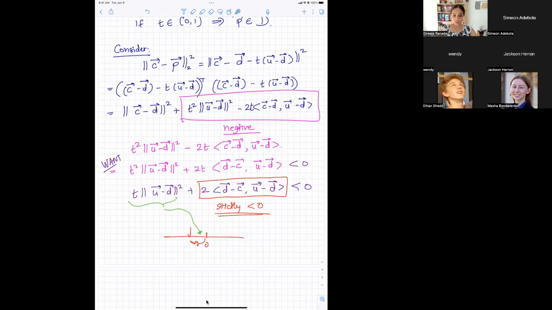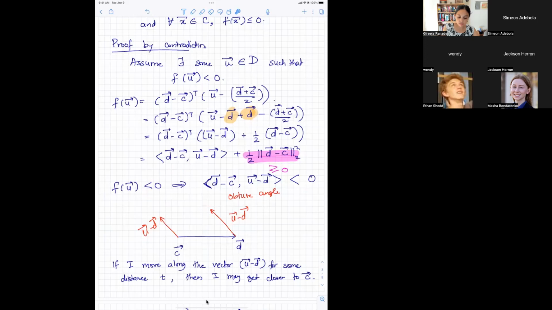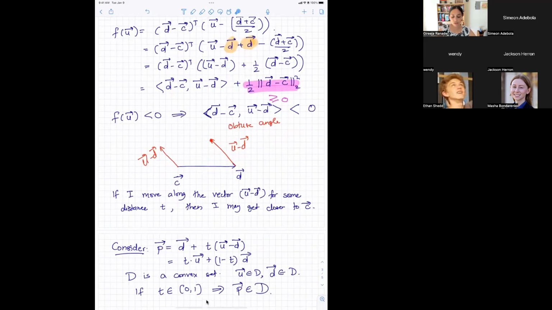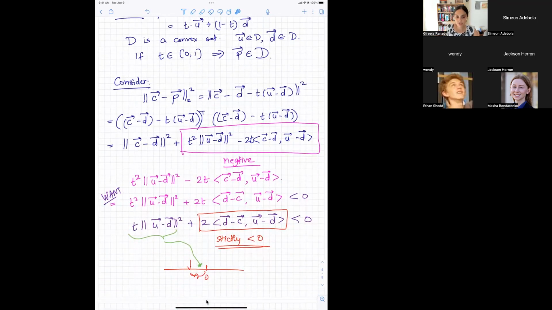There's a question: why are the red terms less than 0 again? That's a good question, so let me take that. It's because up here we proved this, right? We assumed that f of U is less than 0, and we orchestrated some calculations to pull out the fact that this inner product will be less than 0, which is what motivated us to define P. So we're reusing that fact, and now we need this thing to be strictly less than 0.